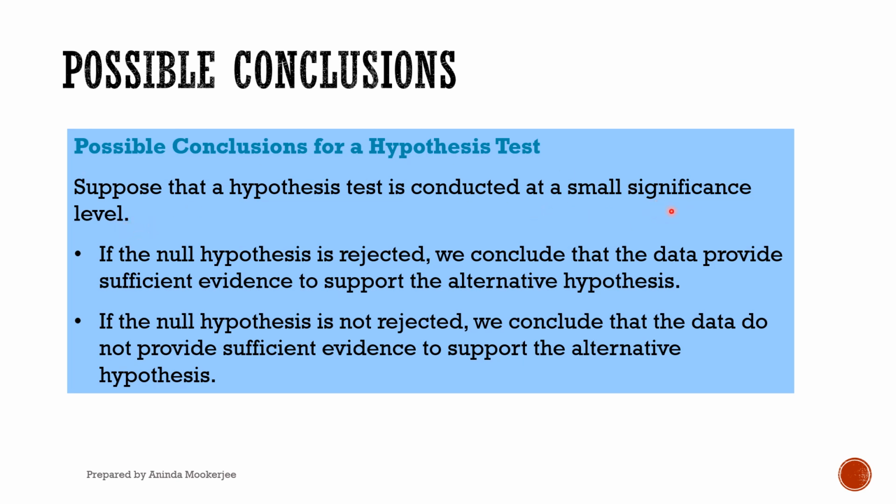Again, significance level is the probability of keeping the type 1 error low. So if it is performed at a small probability of type 1 error, then if the null hypothesis is rejected, we conclude that the data provide sufficient evidence to support the alternative hypothesis and therefore reject the null hypothesis.